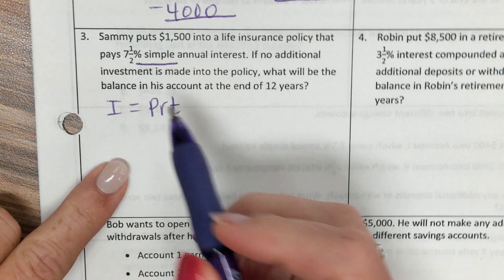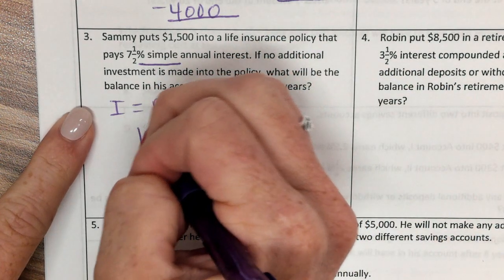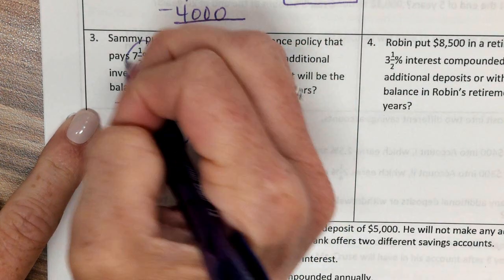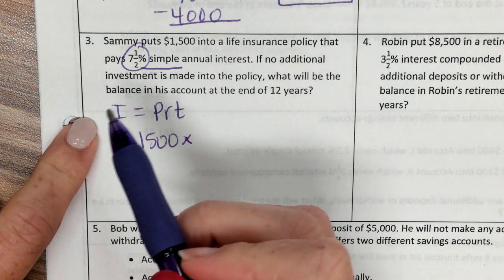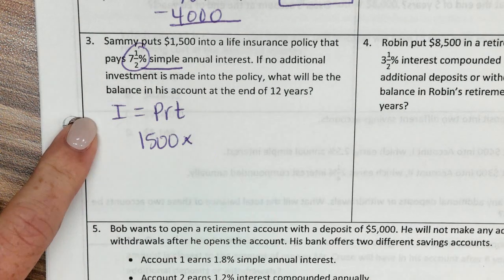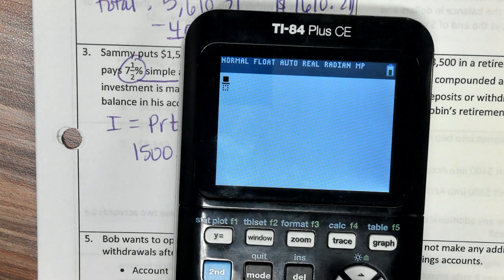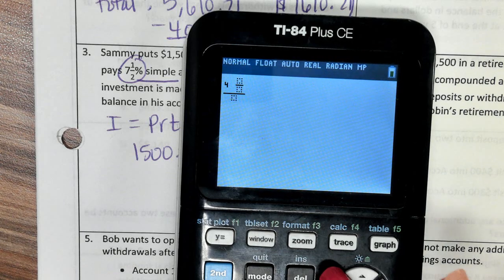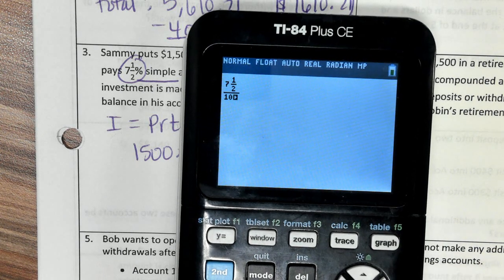Okay, what did they give me? Did they give me the P, the principal? 1,500 times, did they give me the R? What do I have to change that to? So I have to put it over 100. So I'm going to put 7 and 1/2 over 100.